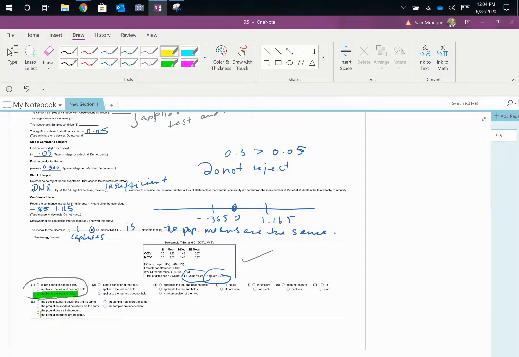So you're going to get all the answers from down here. The population means are the same, and the others: captures, insufficient, do not reject.